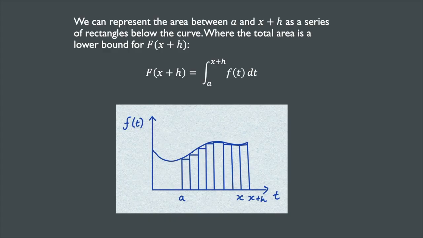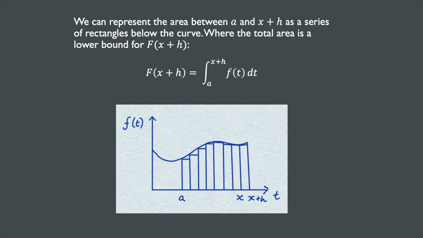Okay, so we saw that we were able to simplify the numerator for the definition of the derivative of uppercase F of x. Now, we're going to need to come up with two different estimates for the area underneath the curve. And the way we're going to do this is we're going to use a lower bound and an upper bound.